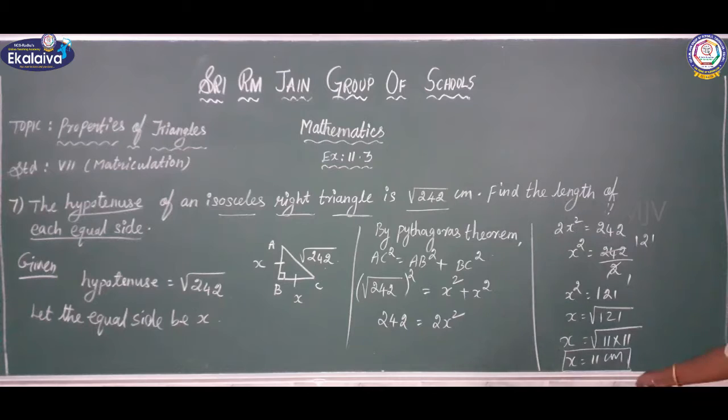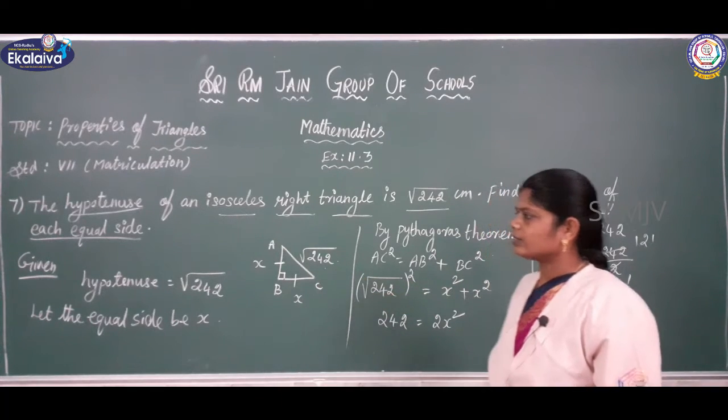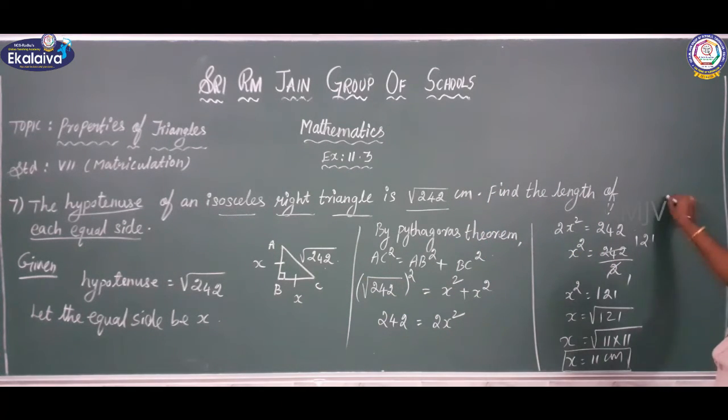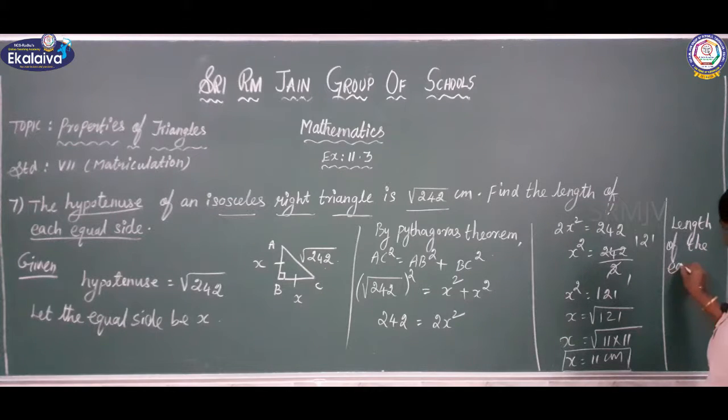Is it clear, children? x represents the equal side. So the length of the equal side is 11 centimeter.